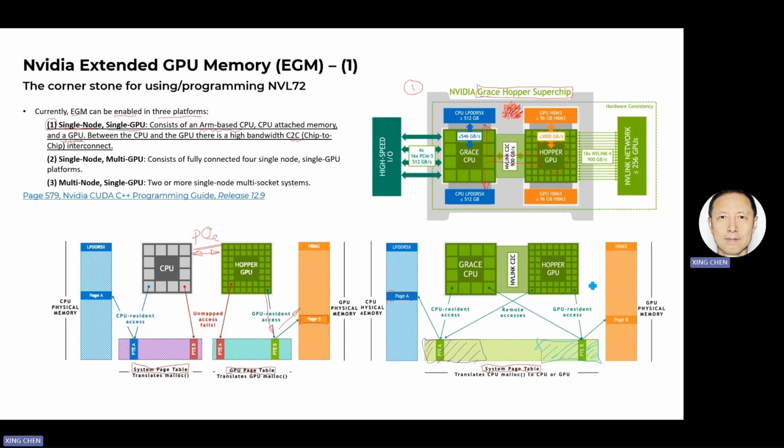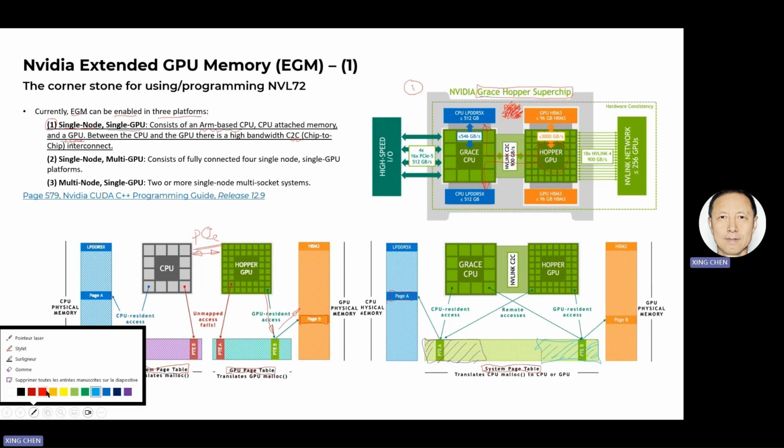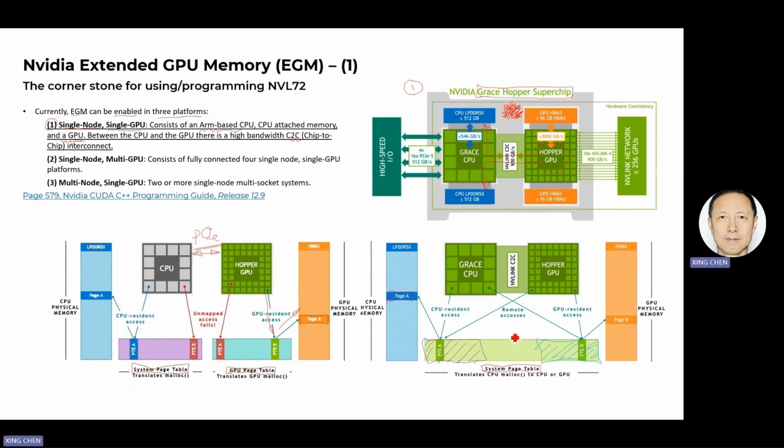To make things more efficient and faster, what Nvidia has done is that each side, let's cut it into two halves. On the GPU side, you have all this located inside the GPU.